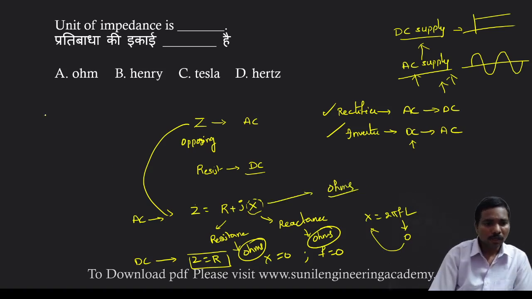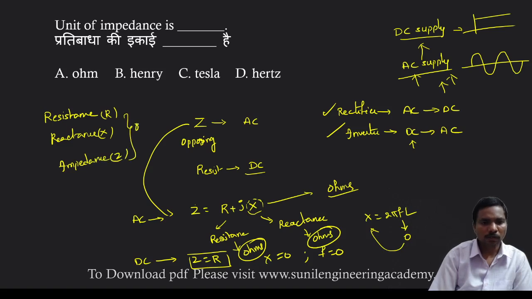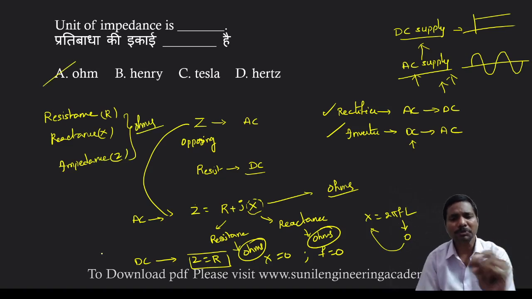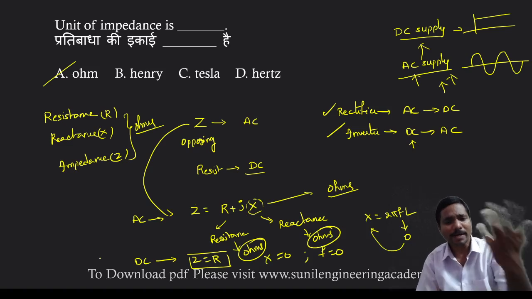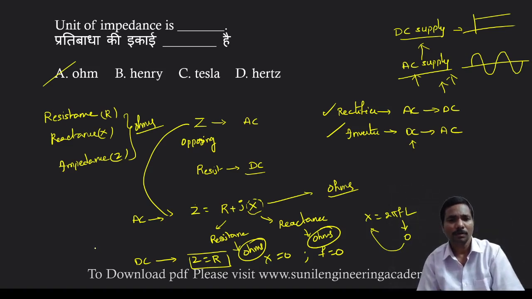So try to remember resistance, reactance, and impedance, whatever it may be, all of those units are ohms. If we know some story about the quantity, it is easier for us to remember. Correct or not? Our mind accepts that.